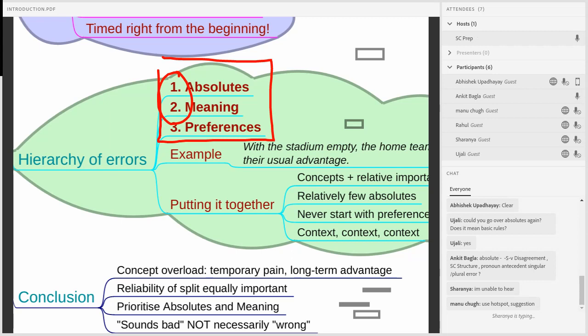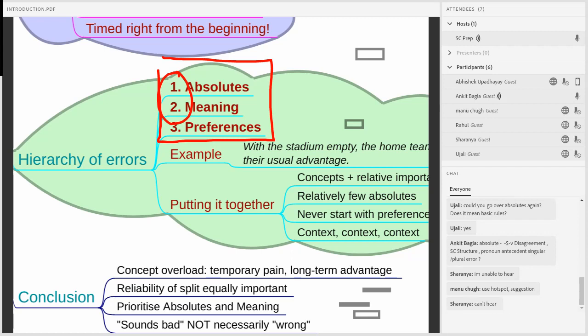All right. Now let's take a very, go ahead. Sorry to interrupt. No, please. Actually, I want to ask: say a very simple question of sentence correction has 5 options, and one option has an absolute error and also a meaning error.